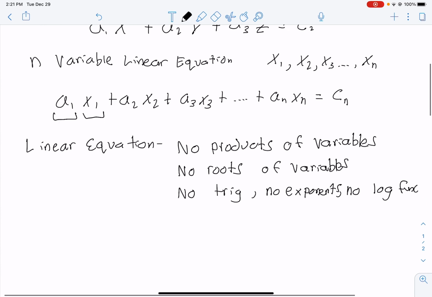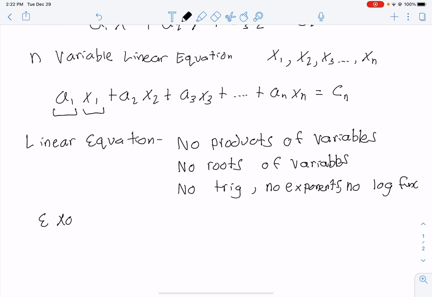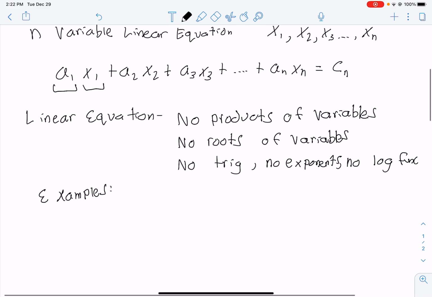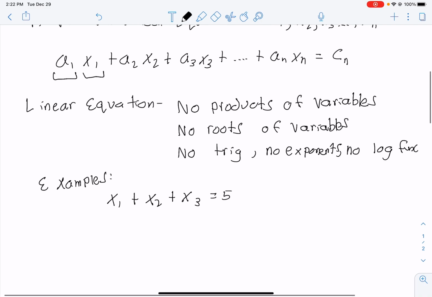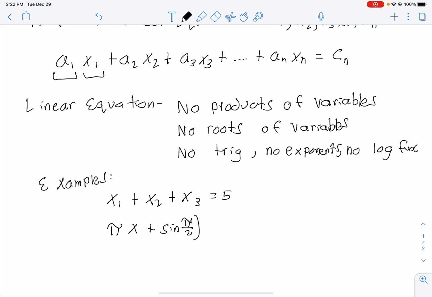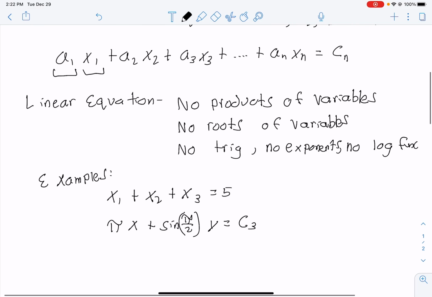So let's go over some examples of linear equations. You could have something like x1 plus x2 plus x3 equals 5. You could also have something like pi x, which is just the coefficient, plus sine of pi over 2, which is just a number, y equals some constant c3.